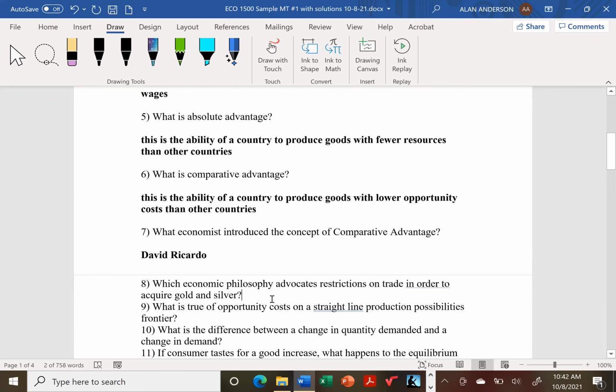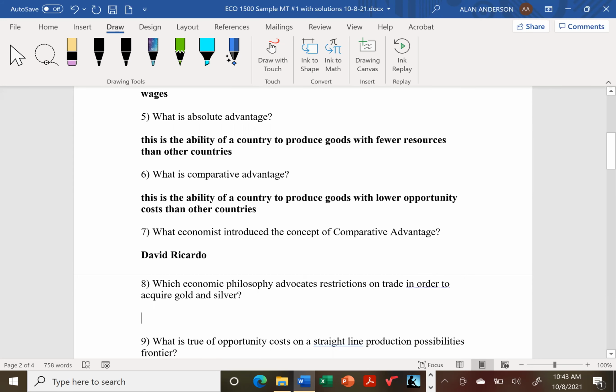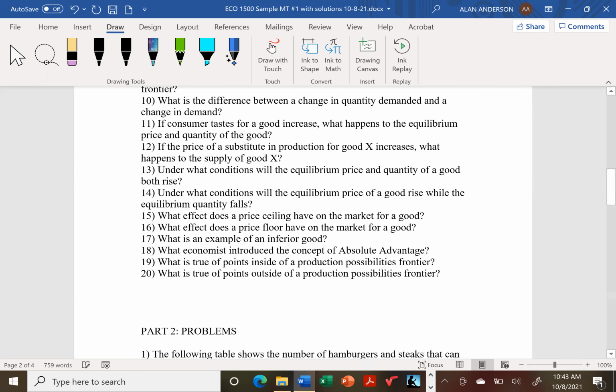Now, which economic philosophy advocates restrictions on trade in order to acquire gold and silver? Okay, well, that would be mercantilism.